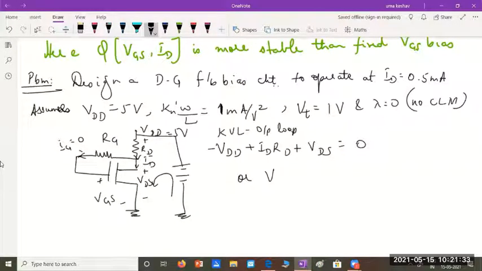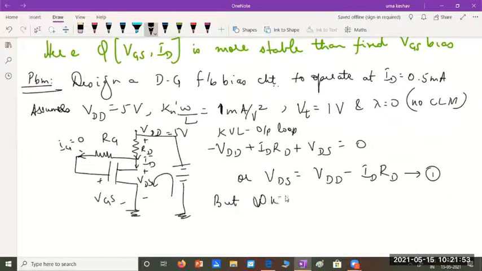Therefore, I think we can try to find VGS from the equation. So what is the value of VDS? VDD minus IDRD we can do. But we know that VGS is equal to VDS in this circuit, which is VDD minus IDRD.